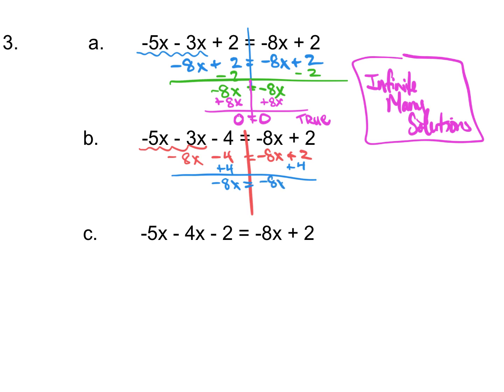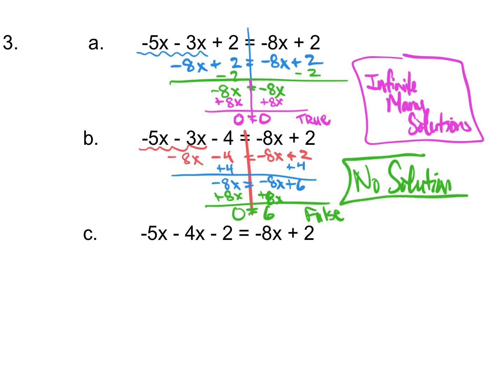So we have negative 8x. 2 plus 4 is 6. So then I'm going to add 8x to be on the other side with this friend. So I get 0 equals 6. Well, this is a false statement. 0 does not equal 6, so this is no solution. So notice how, for those who do it a little differently, you're still going to get the same answer if you're doing your math correctly.